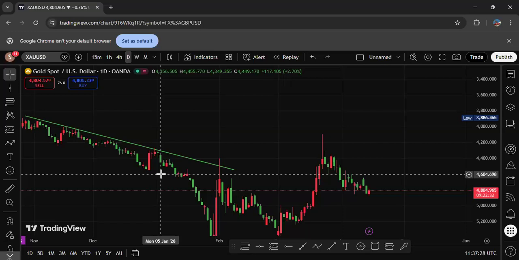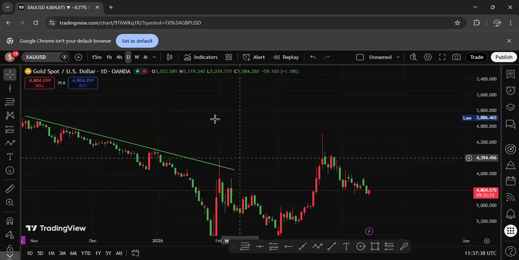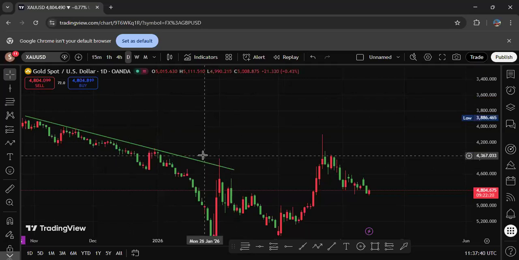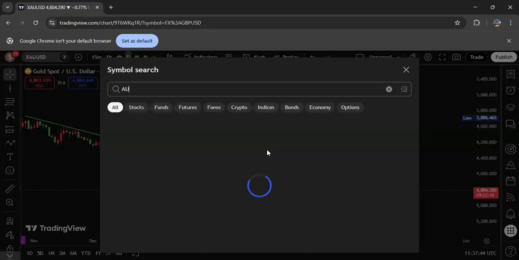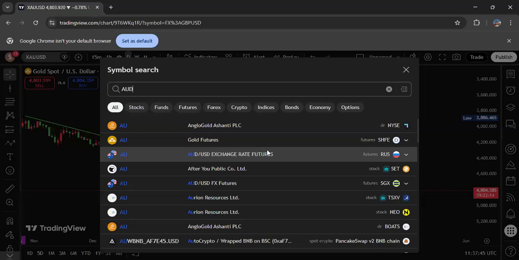So the third one is the ranging. Let me head back to my AUD USD.